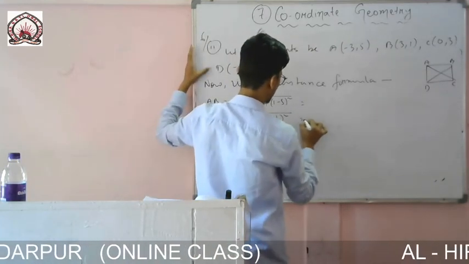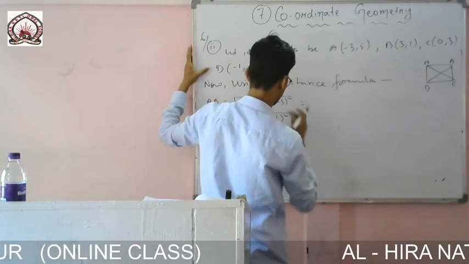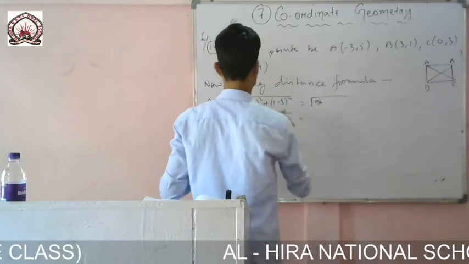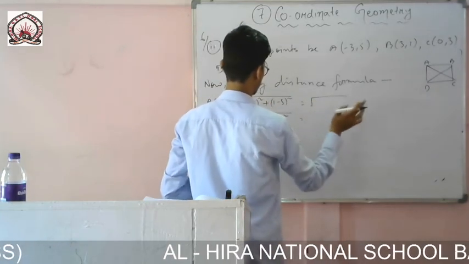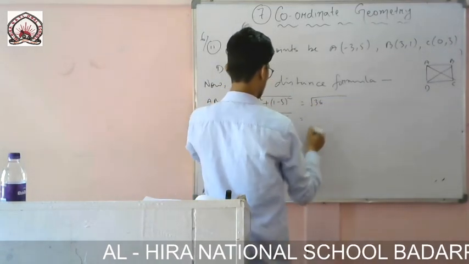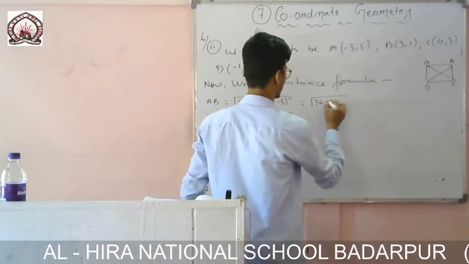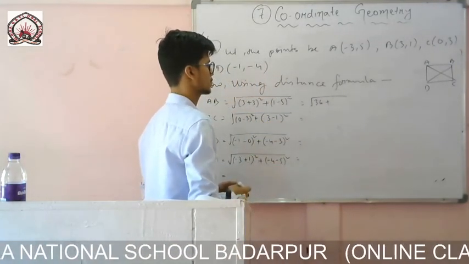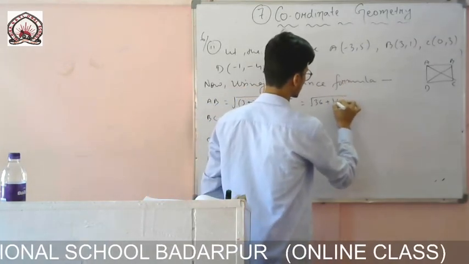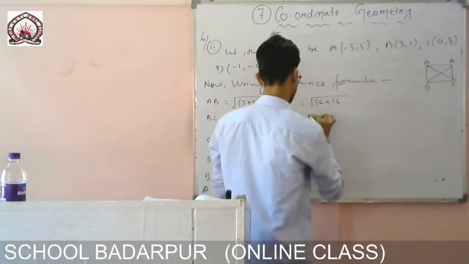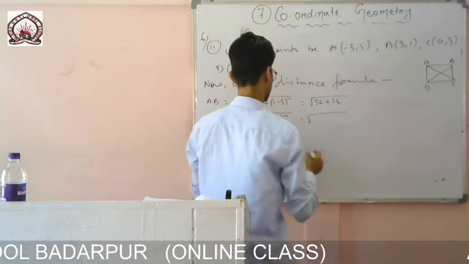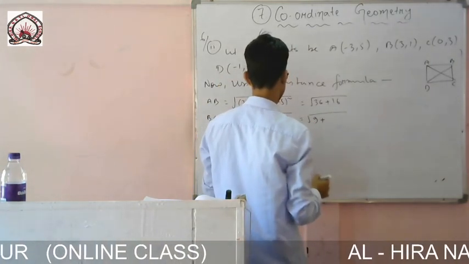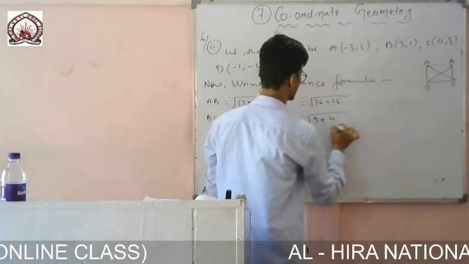So first let us solve this one and then we'll go to the others. 3 plus 3 is 6, 6 square is 36, and 1 minus 5 is minus 4, minus 4 square is 16. The next one: 0 minus 3 is minus 3, so 3 square is 9, plus 3 minus 1 is 2, 2 square is 4.